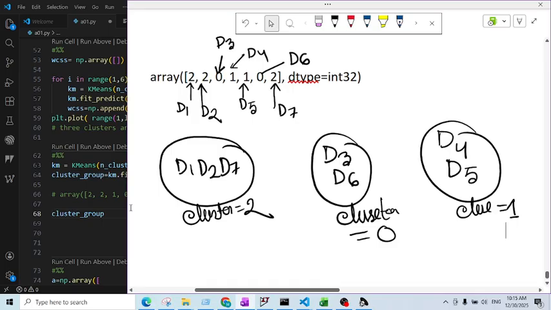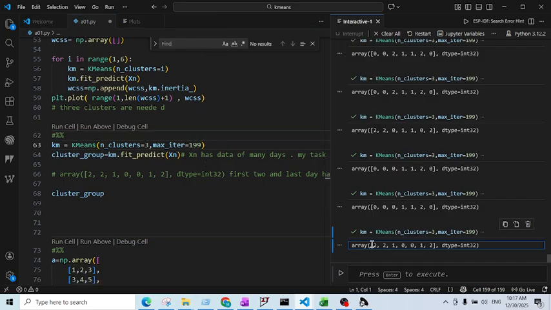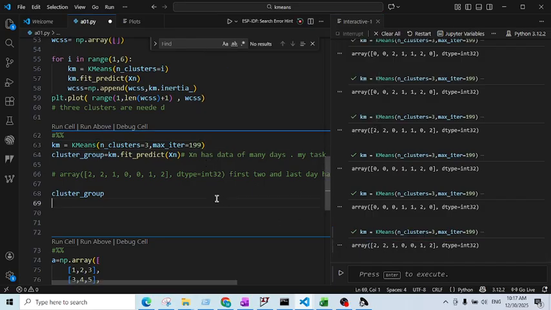That means these days have some similar power uses. So thus you can find the similar days, or the similar power uses of the days. But to be honest, if I run this, you can see that for different runs you have some different values.